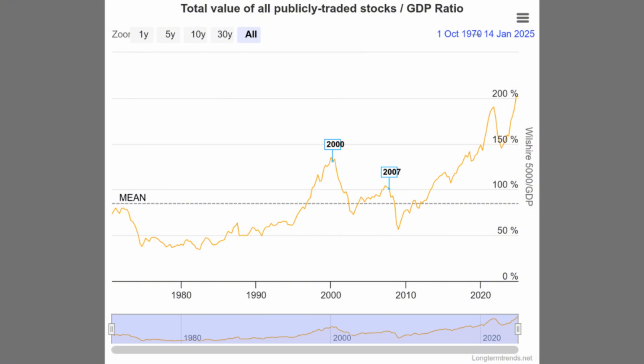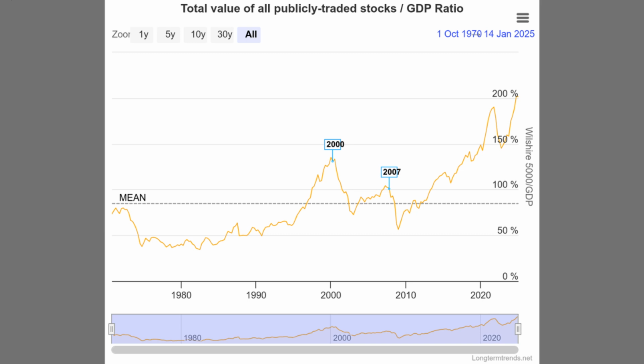And since the Great Recession, you can see over time, the stock market has climbed continuously up until the pandemic really had a big spike there. But again, we're now at all-time highs as far as the ratio between stock market capitalization and GDP.